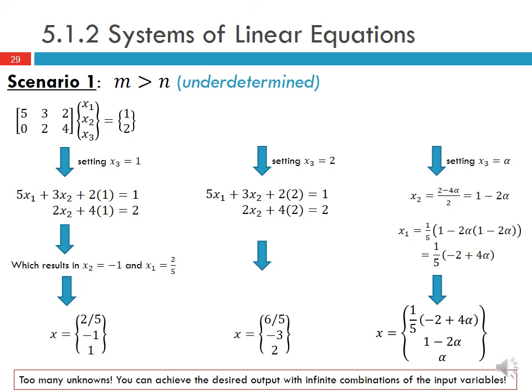So with too many unknowns, you can achieve the desired output with an infinite combination of the input variables. There's no unique solution for x; there's an infinite number of solutions for x.